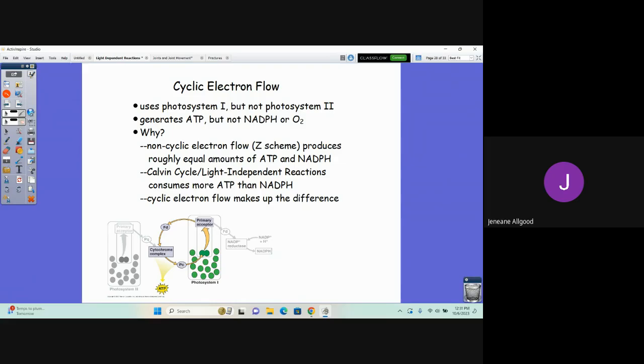So when ferredoxin gets the electrons, it passes them to cytochrome complex and then passes them to plastocyanin. And as those electrons lose that energy, what are we going to use that energy for? What do we do with that energy the electrons are losing? Yeah, I'm going to actively transport those hydrogens into the thylakoid space. I'm going to build up an H plus gradient. And when that gradient is big enough, then ATP synthase is going to open and the H pluses are going to rush through, and I'm going to make some ATP.